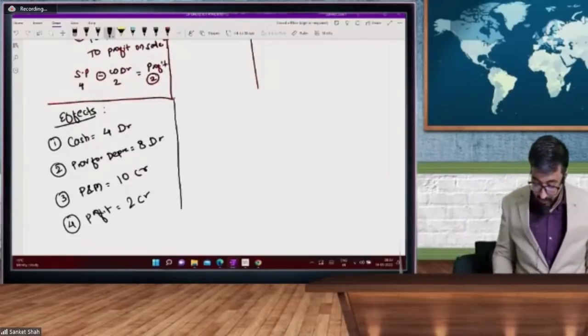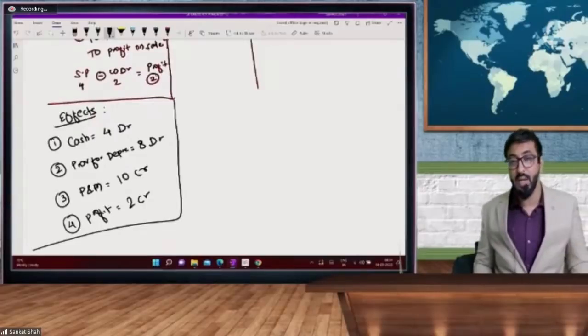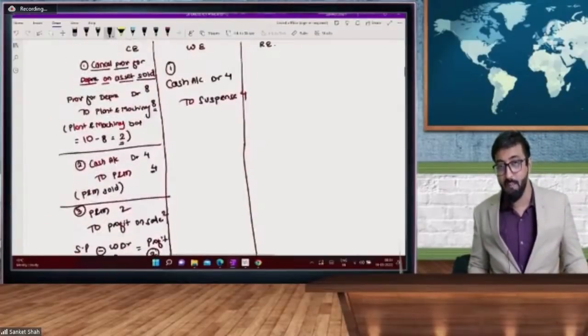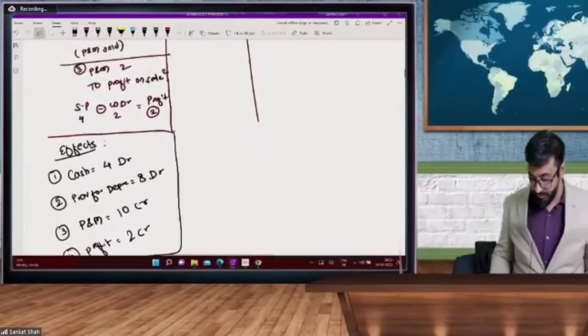So these are some effects. So see, 4 plus 8, 12 debit, 12 credit. So I passed all entries also only for understanding, and effects are also given.